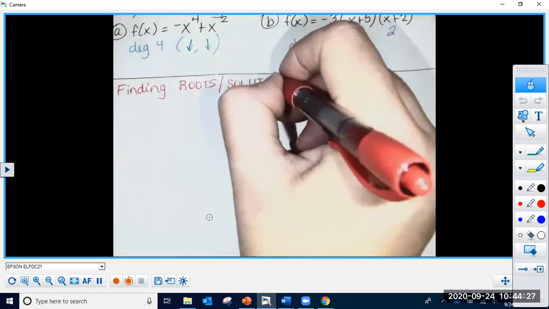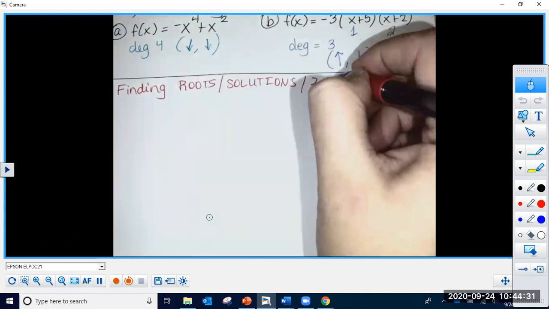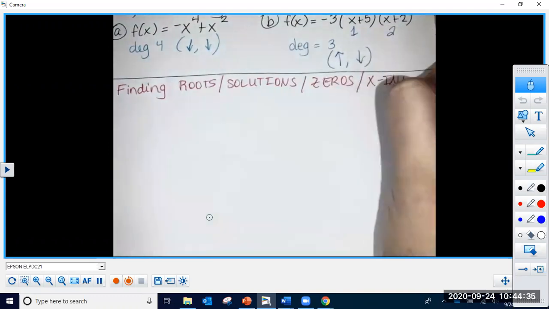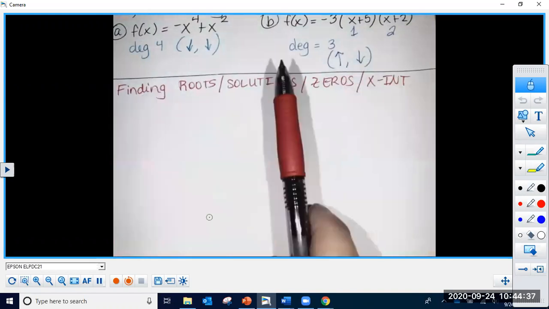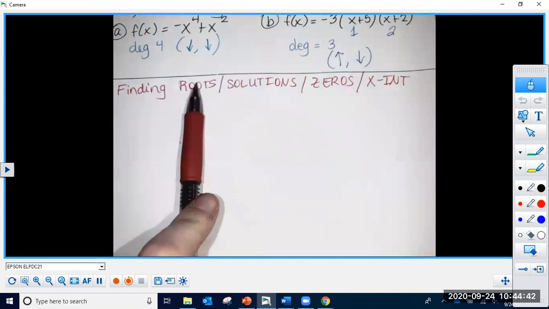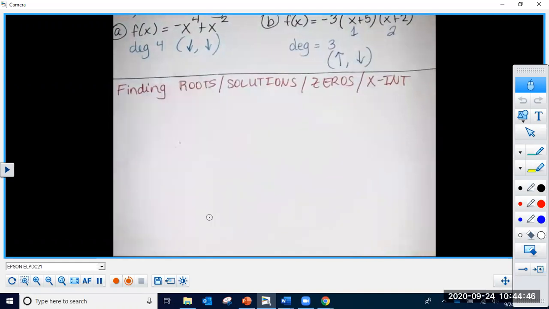X-intercepts, they tend to call zeros, roots, solutions, but all those just mean x-intercepts. If you see any of those 4 terms, roots, zeros is really the most common one that they use. And the reason is that in order to find where these graphs are going to cross the x-axis, you have to set y equal to what?